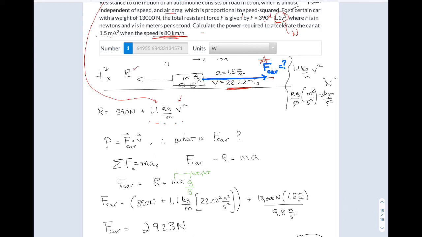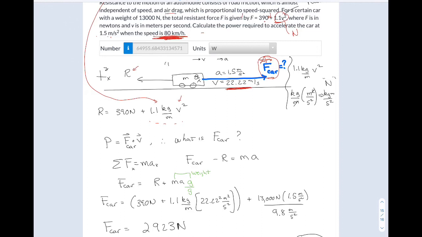That force doesn't accelerate the car; it hinders its acceleration. So this is the force they're talking about, the force required to accelerate the car. It's instantaneous power because they want to know the power at that speed, at that instant.